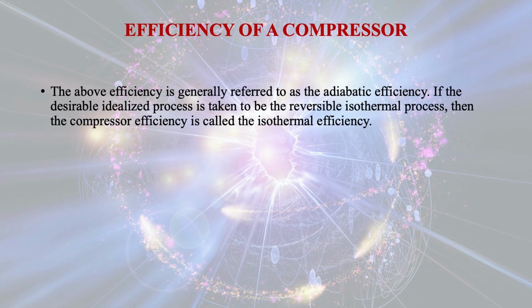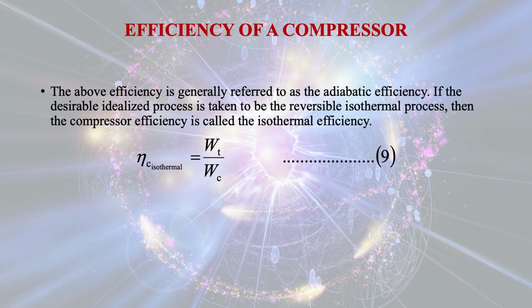The above efficiency is generally referred to as the adiabatic efficiency. If the desirable idealized process is taken to be the reversible isothermal process, then the compressor efficiency is called the isothermal efficiency.